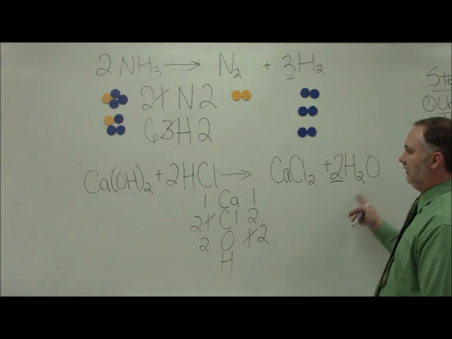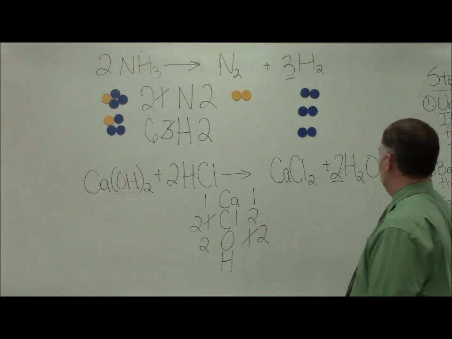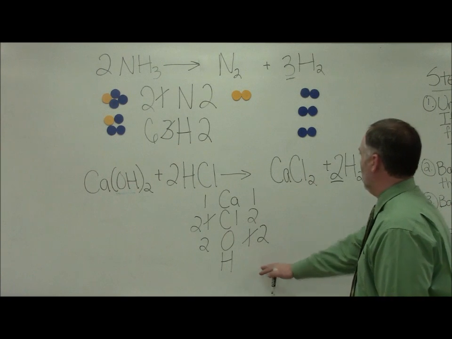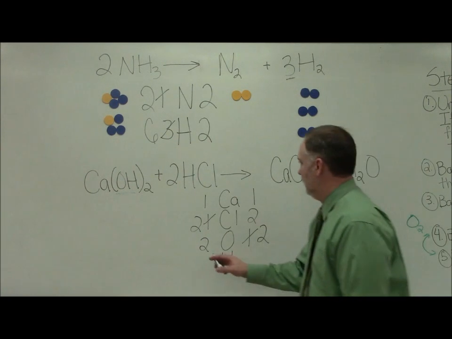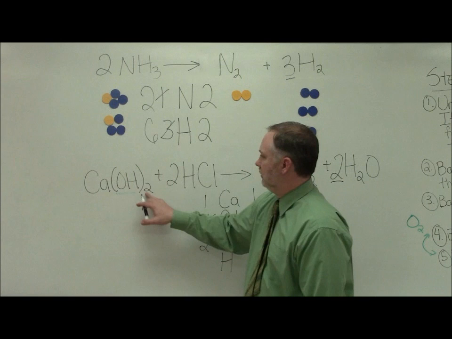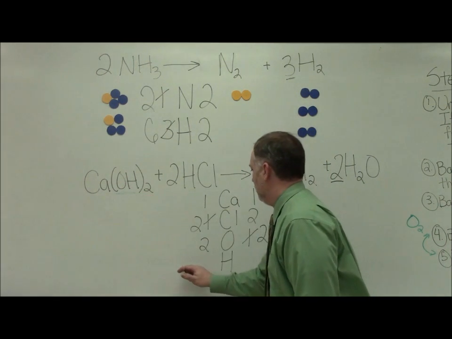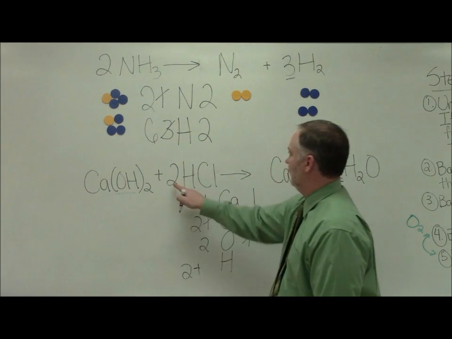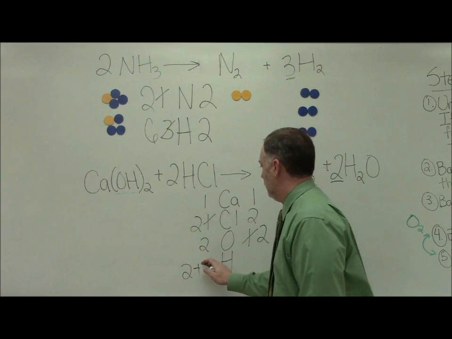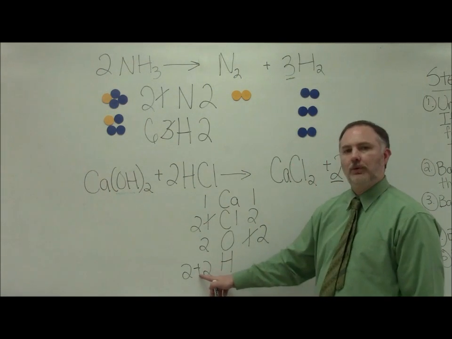And now the last thing I want to do is make sure that my hydrogens are okay. Over here, I got 2 hydrogen right there, plus I have 2 hydrogen right here, a total of 4.